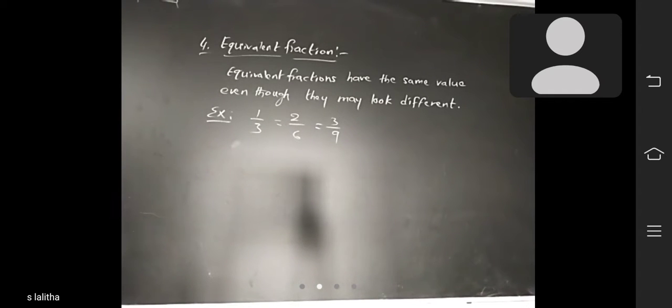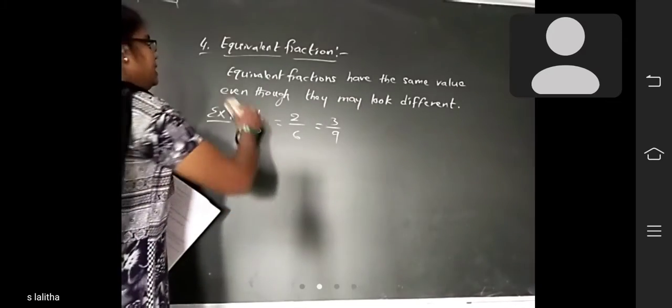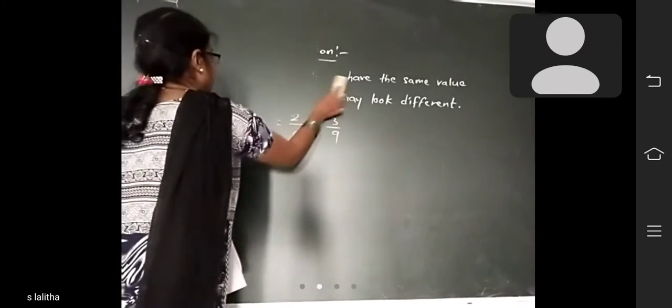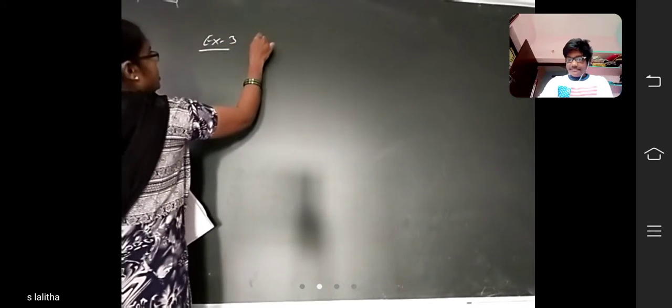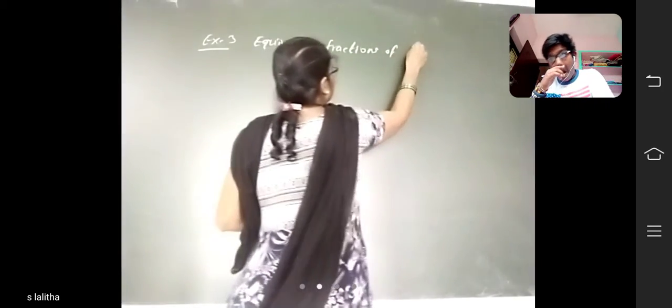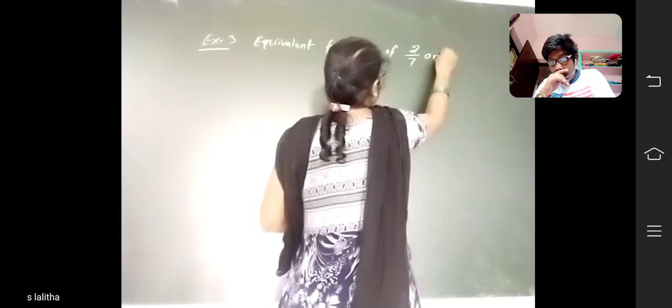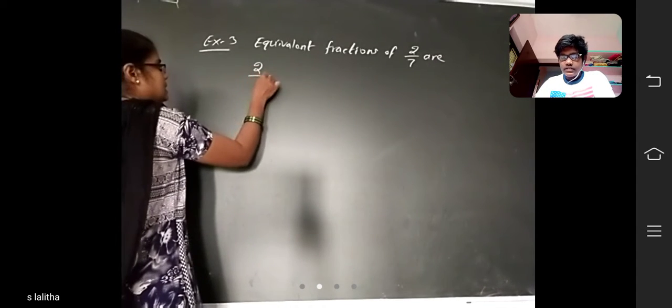Okay, children. Next, example 3, children. Write the equivalent fractions of 2 by 7. So you can write equivalent fractions of 2 by 7.